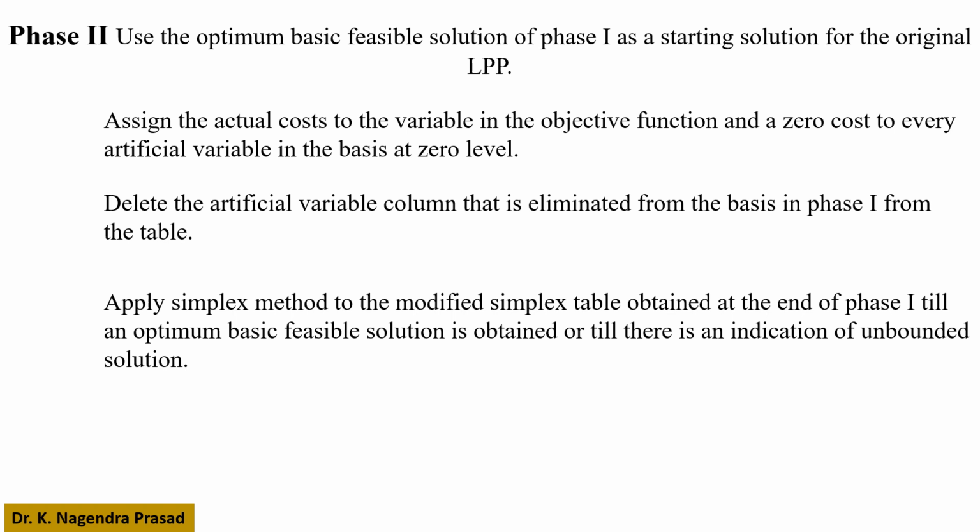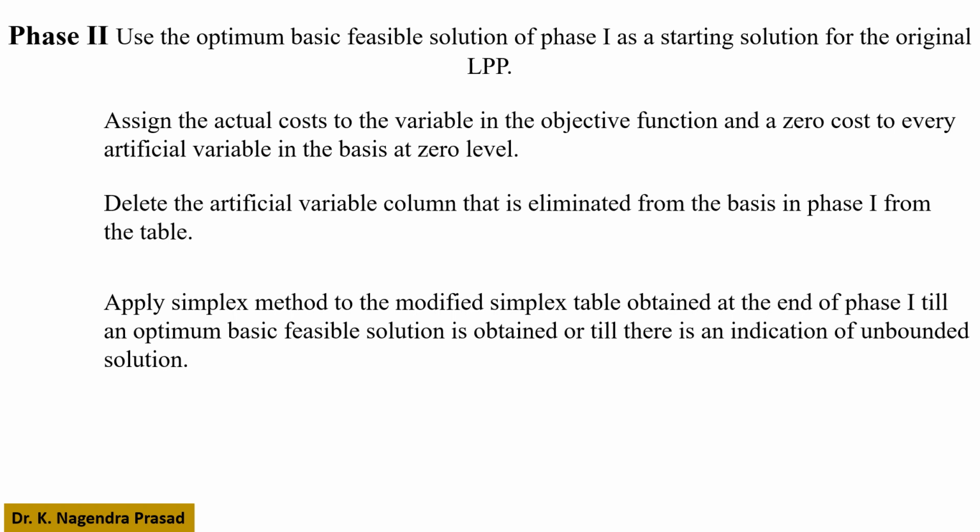Next, we assign the actual cost to the variables in the objective function and a zero cost to every artificial variable in the basis at zero level. Initially we assigned the cost values -1 and 0 to the artificial variables and other variables. Now we have to change: we assign the actual cost to all the variables and 0 to the artificial variables.